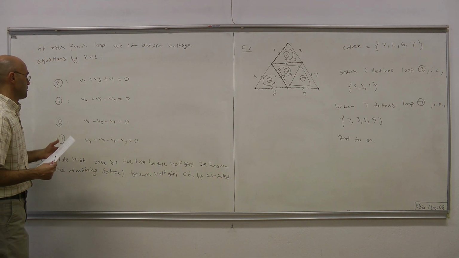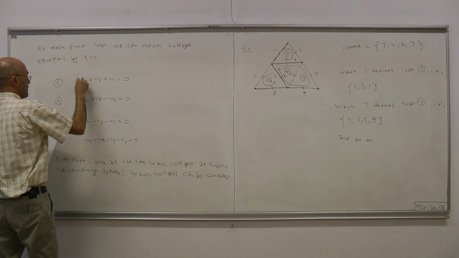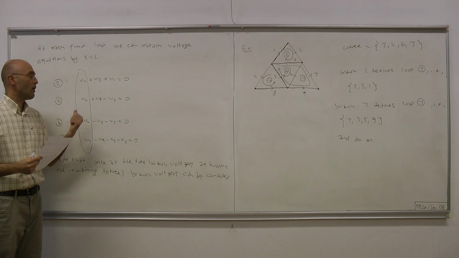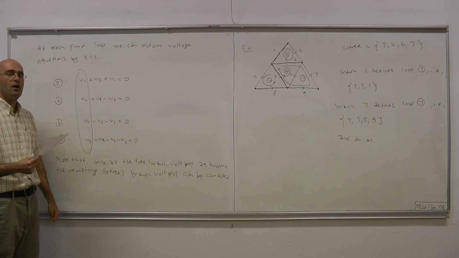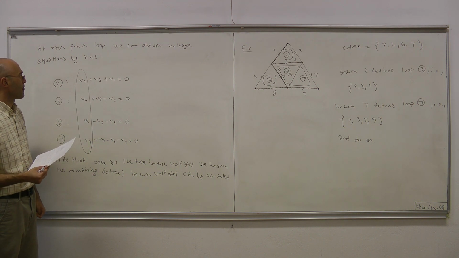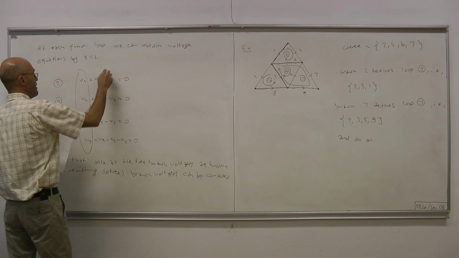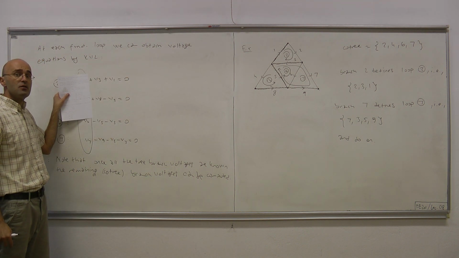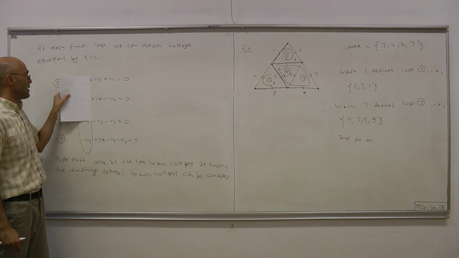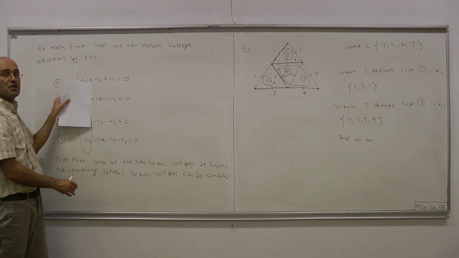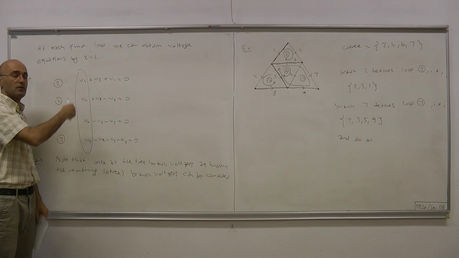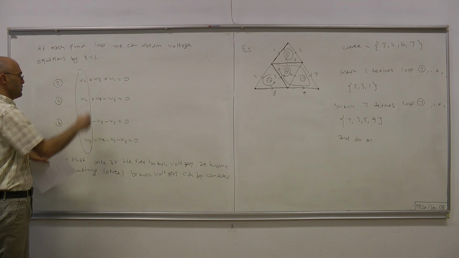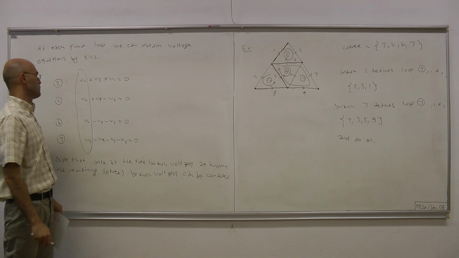The reason is as follows. Note that the first voltages in our equations are the voltages corresponding to cotree branches, and all the remaining voltages are the voltages associated with tree branches. So that means if you know the tree branch voltages, then you can easily compute the cotree branch voltages.